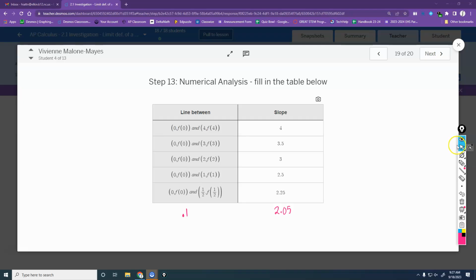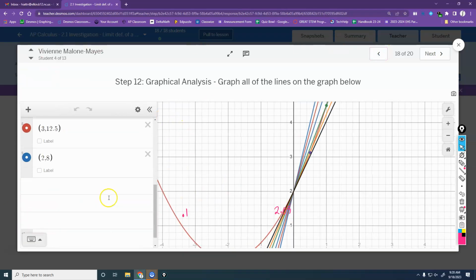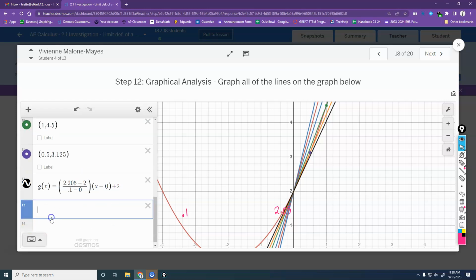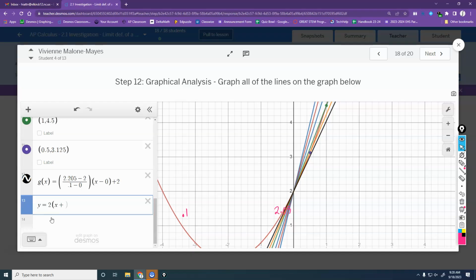So let me go back to the last slide that I was just looking at here. If I go down here and I type in the line y equals 2 times x minus 0 plus 2, that gives me this line right here.